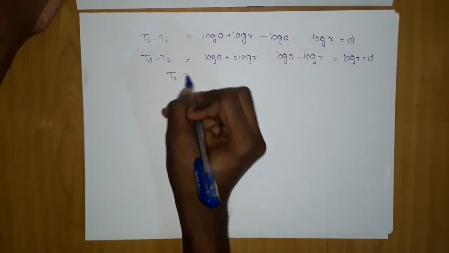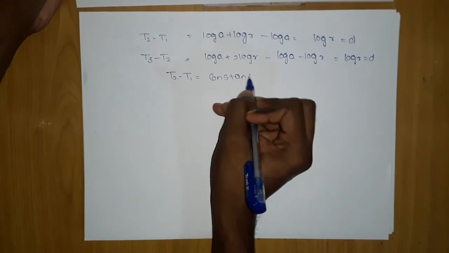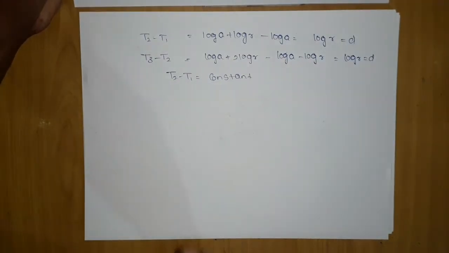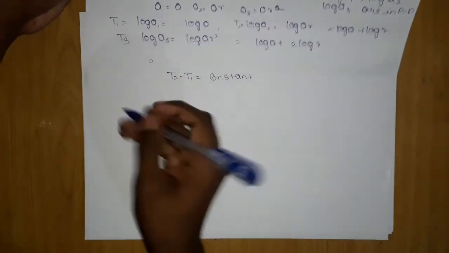T2 minus T1 is constant, which is the necessary condition of AP, so they are in AP. And vice versa: if these are in AP, then the original will be in GP. You can similarly derive that. So we are done with the fourth property.